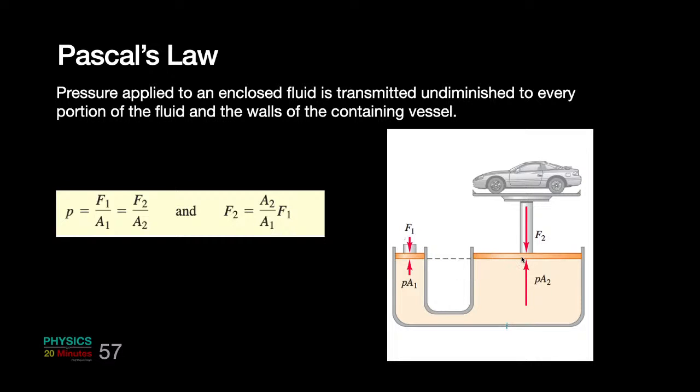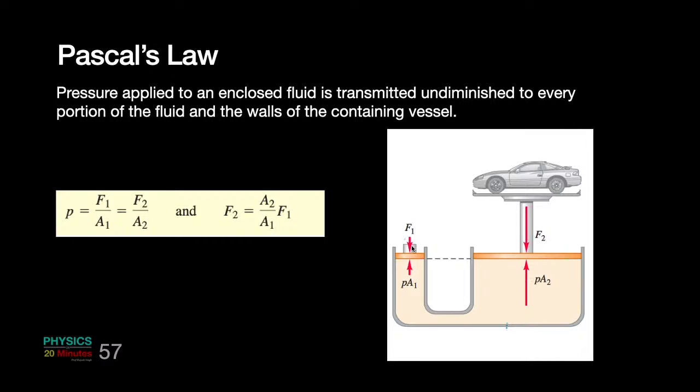You have two forces acting here, F1 and F2, and two areas, A1 and A2. If A2 is much larger than A1, then F2 will be much larger than F1.